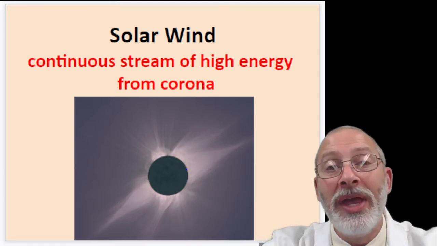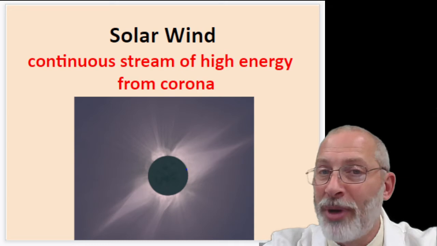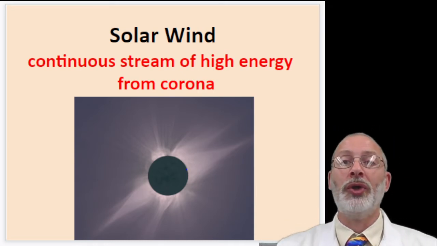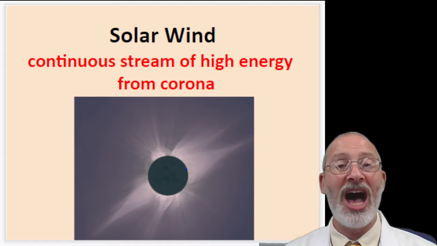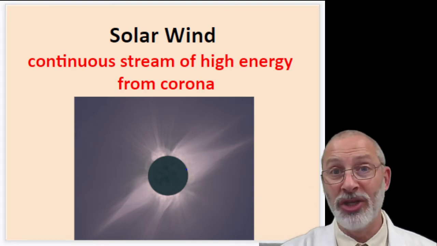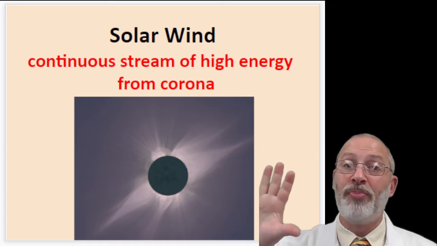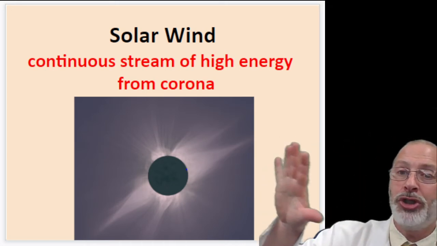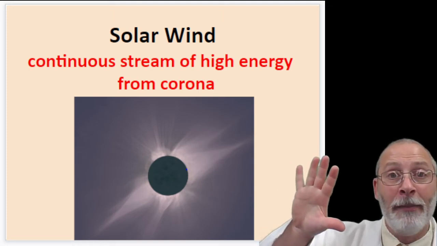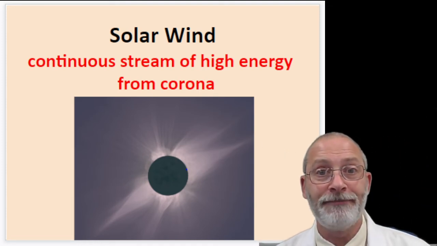And the wind from the sun, which, by the way, is not the same kind of wind here on Earth. Solar wind is this stream of high energy particles like protons and neutrons being spewed out. And these particles are what push on the sail and move it through space.